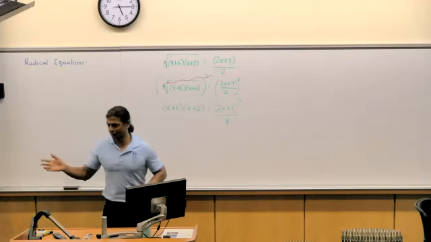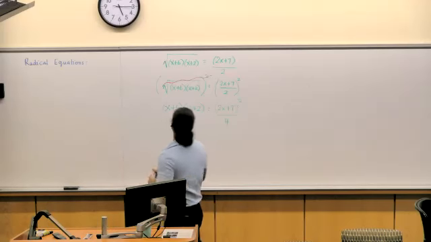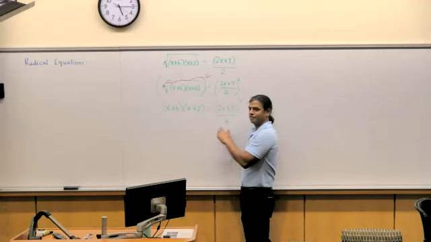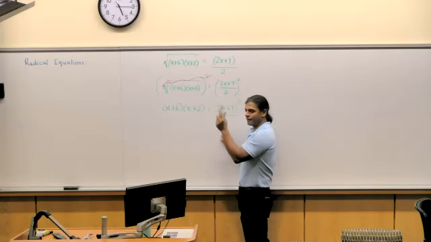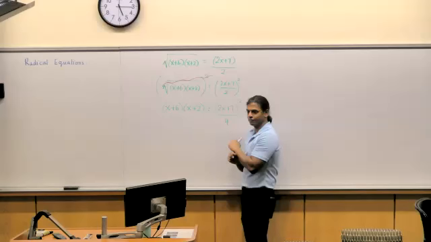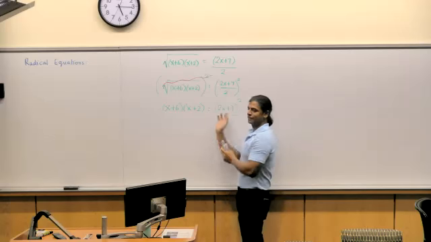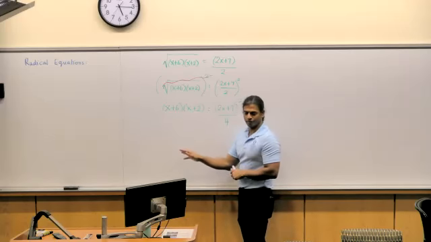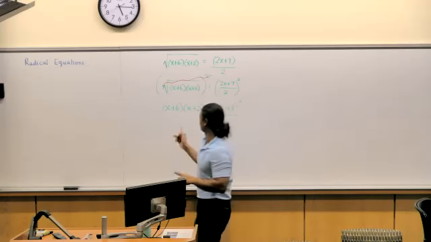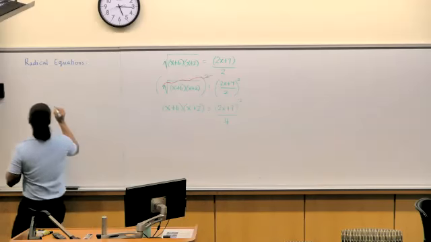I told you this was a lengthy problem. This should remind you of something from earlier. How did we solve? If I recall correctly, that problem had x plus 3 squared divided by 4. What did we do? We FOILed, we multiplied by 4 on both sides, then simplified, finally factored. Going to do the exact same thing.